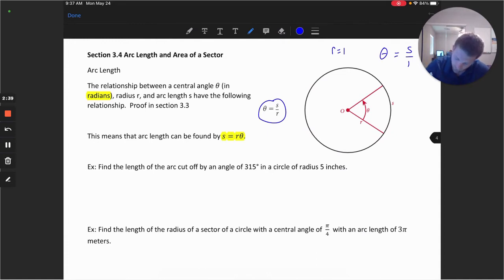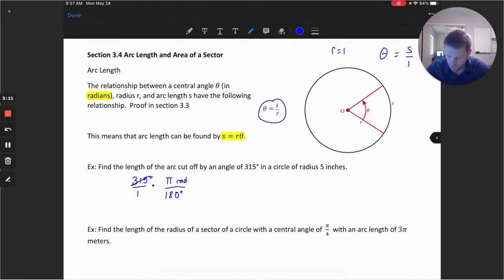We would have 315 degrees over 1. If we wanted to consider converting this to radians, our conversion ratio is pi radians to 180 degrees. And if we take a look at 315, this number can reduce, so we will actually reduce this.